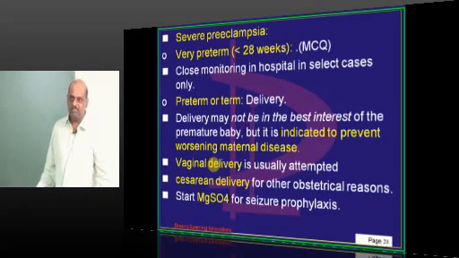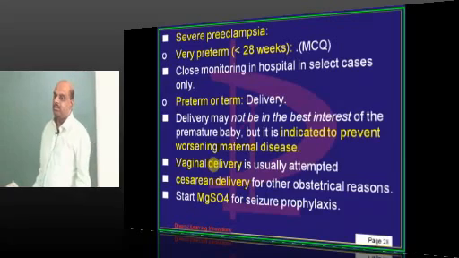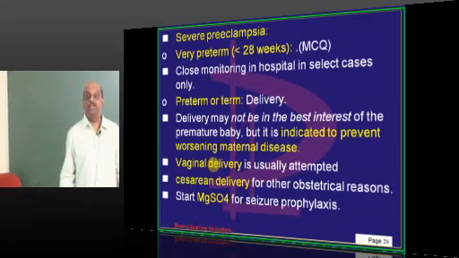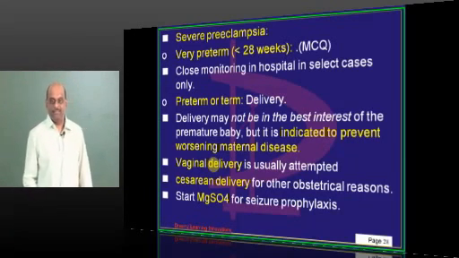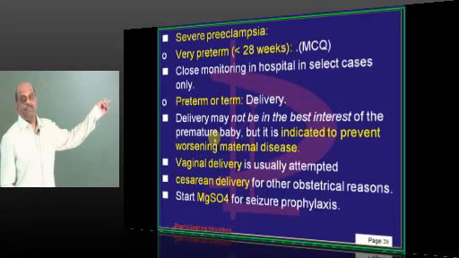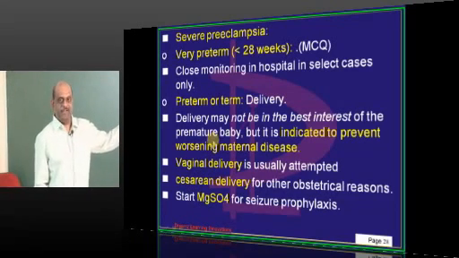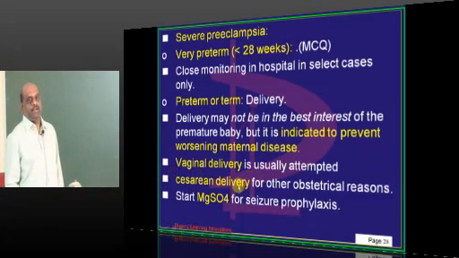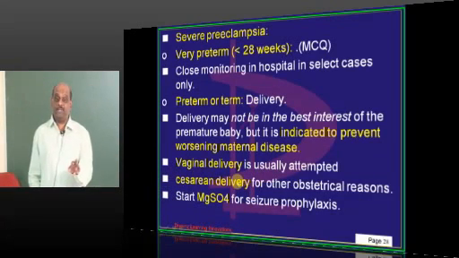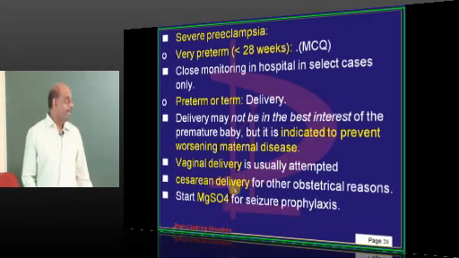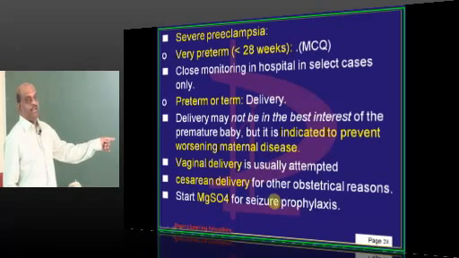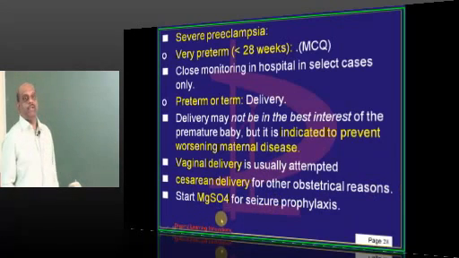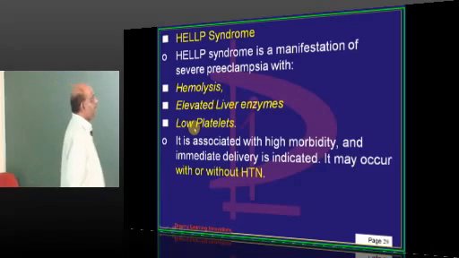Severe preeclampsia. So, at least the mother should be saved. That's the idea. But it is not favorable for the baby basically, if it is preterm. And vaginal delivery is usually attempted. Even in severe preeclampsia, when you are doing the delivery, vaginal delivery only is indicated. And cesarean is only for the obstetrical reasons, and you need to start magnesium sulfate.